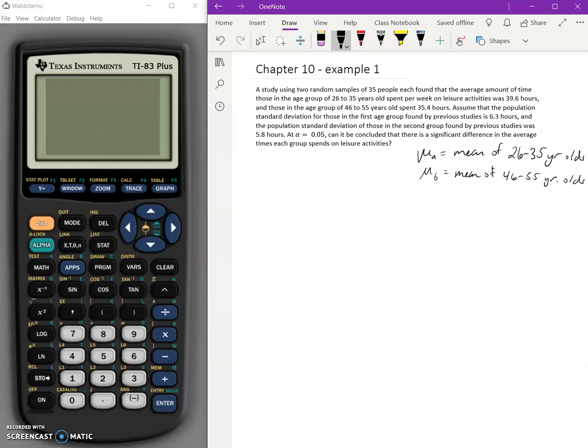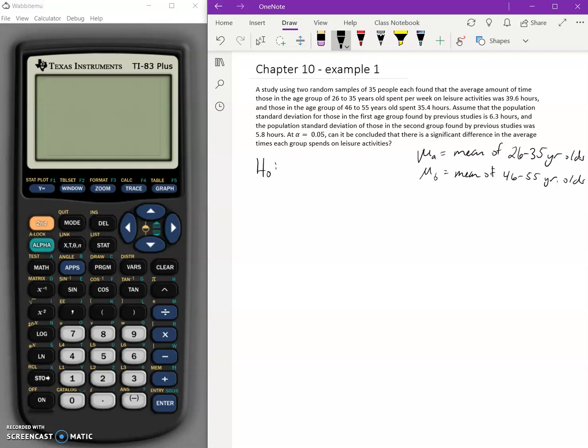I do that because we have 2 groups, so we have to be able to differentiate between the variables within each group. The subscript A corresponds to anytime I'm talking about the 26 to 35-year-olds. So when I look at the hypotheses that I need, I always have my null hypothesis.